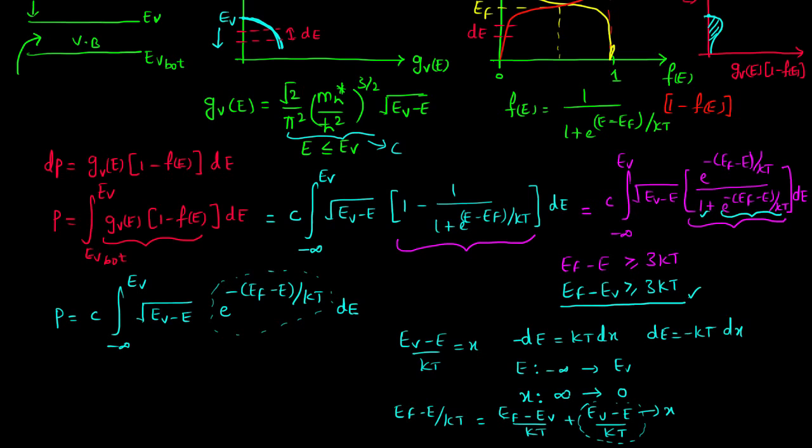So now taking all these assumptions and relationships, let me write this expression again, which would be equal to the integral from infinity to 0 of square root of x times kT, times e power minus x, times e power minus of (EF minus EV) over kT, times minus kT times dx. We can take this minus and reverse the limits. So this would become limits 0 to infinity.